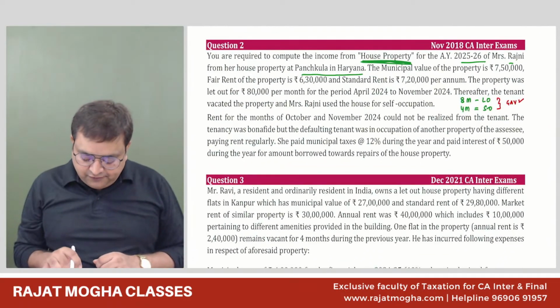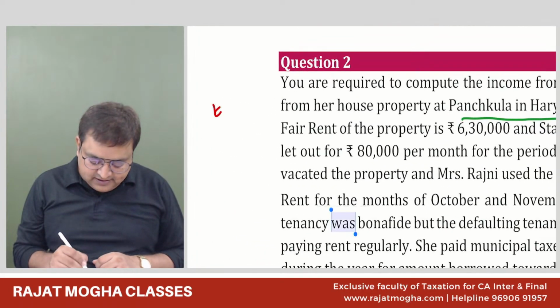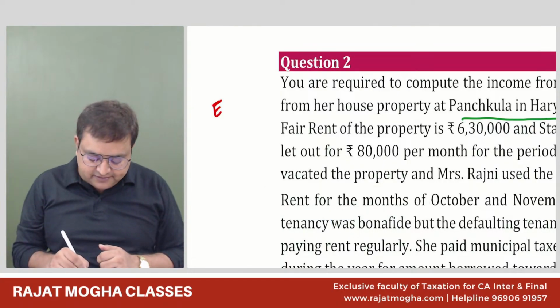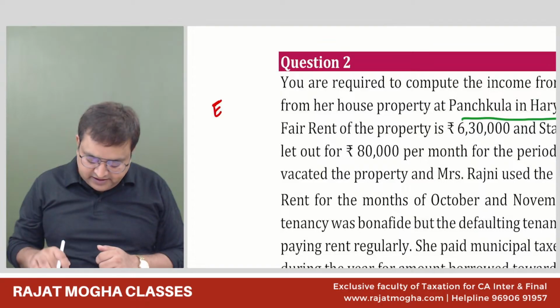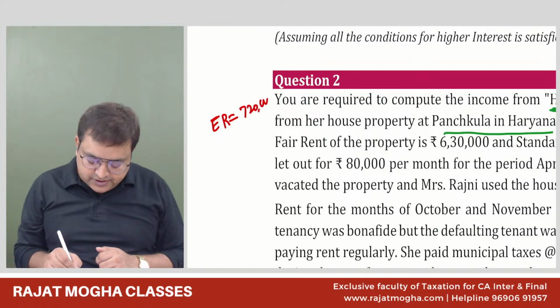Rent for the month of. Okay. Tell me what is the expected rent. We have just seen that it is municipal value or fair rental value, whichever is higher, compared to standard rent. Compared to standard rent, expected rent was 7,20,000. Okay. What is actual rent?